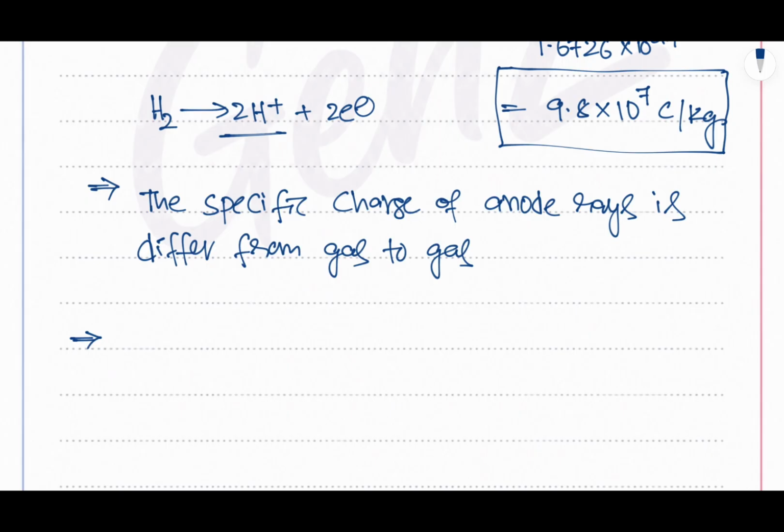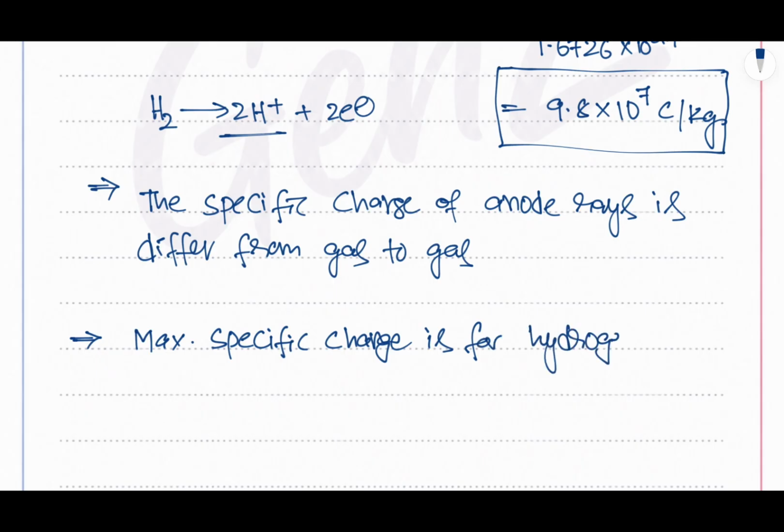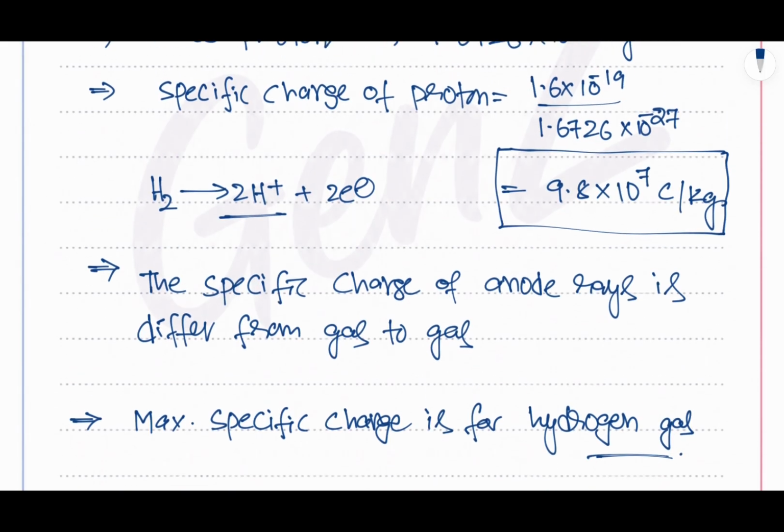As its mass is very small, it has a high specific charge. This is some information regarding the anode rays.